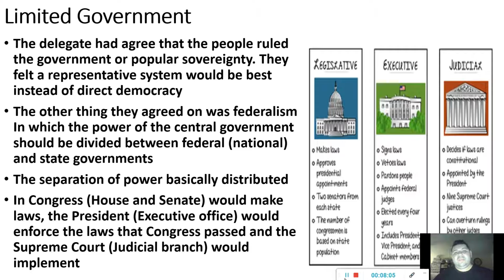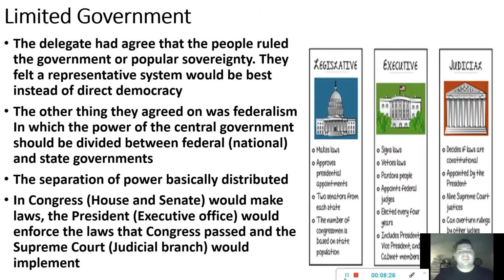Power is distributed amongst three branches: legislative, executive, judicial. Okay. But they are separated, but they are also connected. So Congress, the House and the Senate, they basically create and pass laws. Okay.